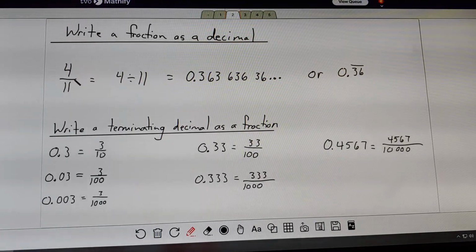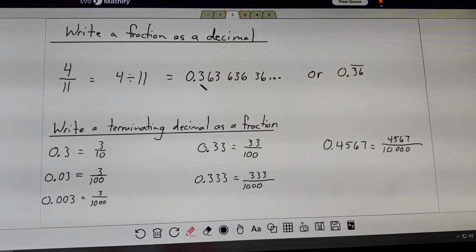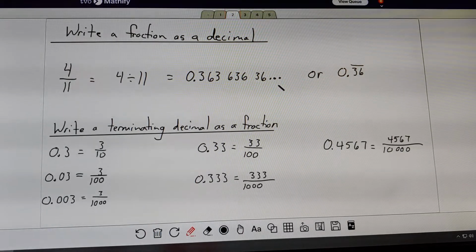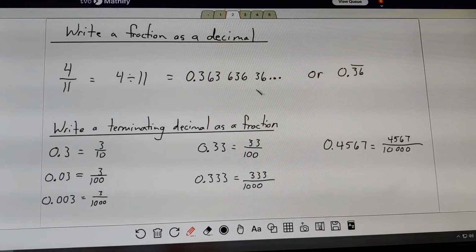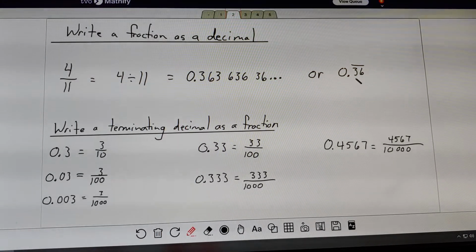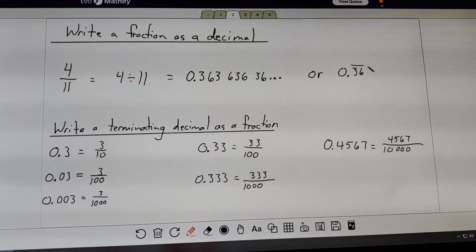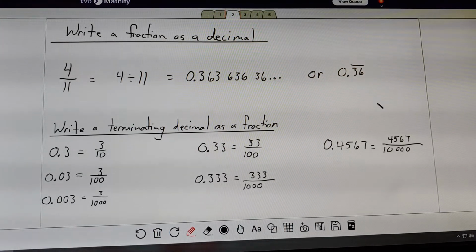Yes, so this means 4 divided by 11, and I wrote it out this way for you: 4 divided by 11. And if you do that, you get what kind of decimal? Yes, you're right, a repeating decimal. 0.36363636. And because it's the 3 and the 6 that repeat, this is how we would write it: 0.36 with the bar over the digits that repeat.